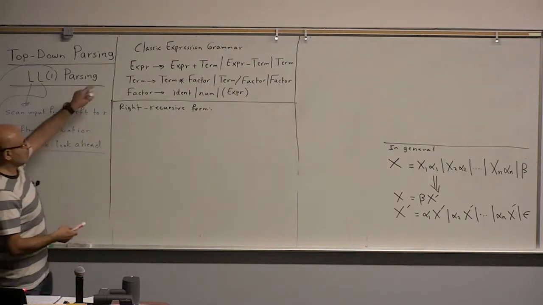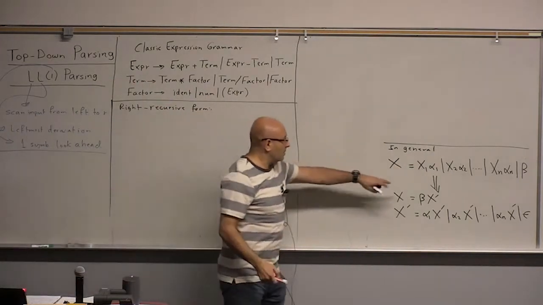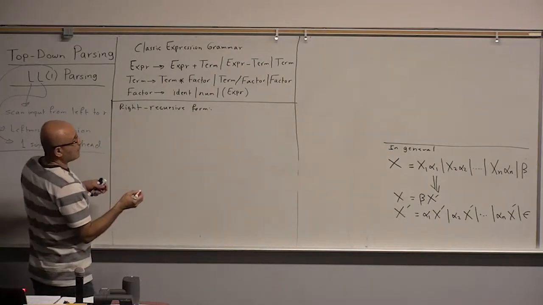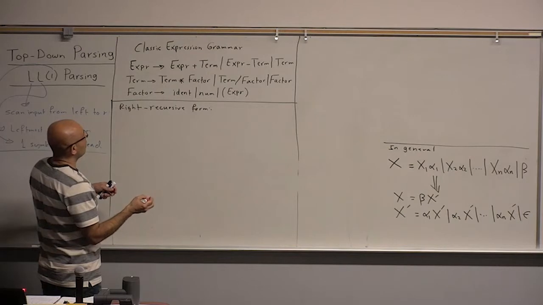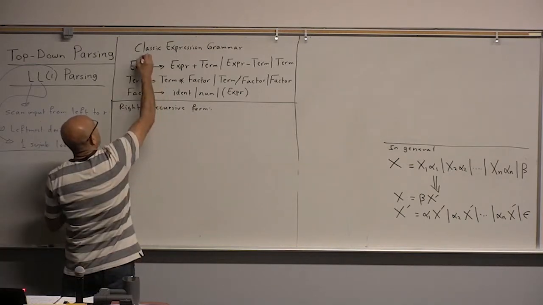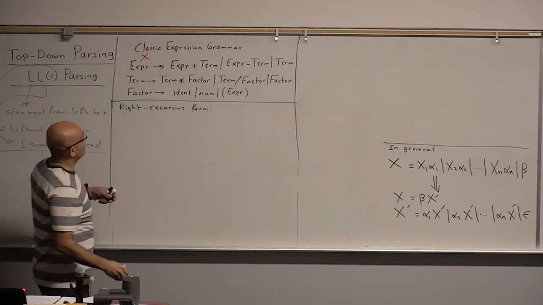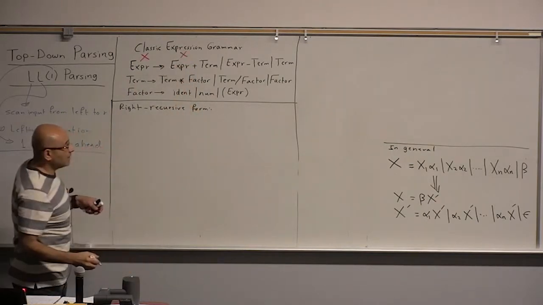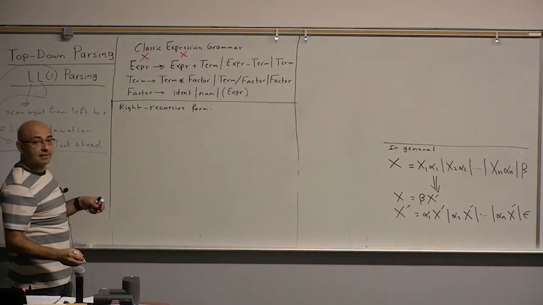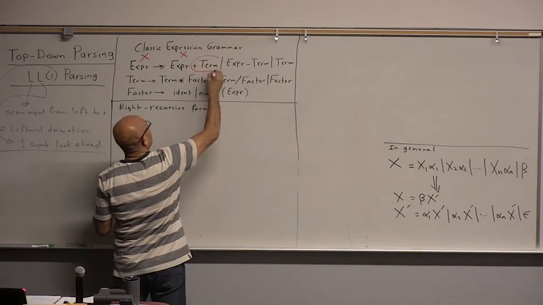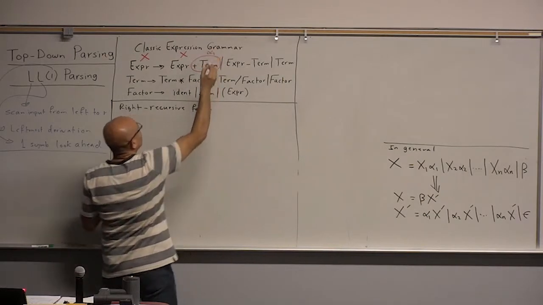Now here, matching this with this rule, where is x? X is the expression. So this is x. So where is alpha 1? It's plus term. So plus term, this is alpha 1.